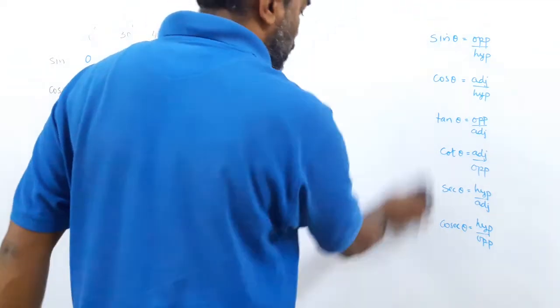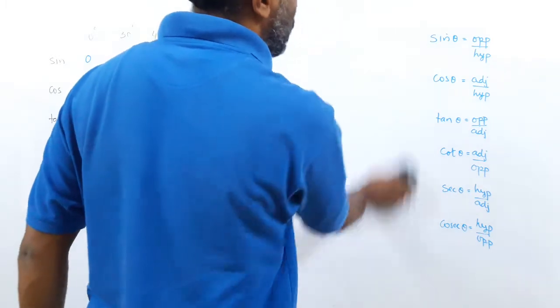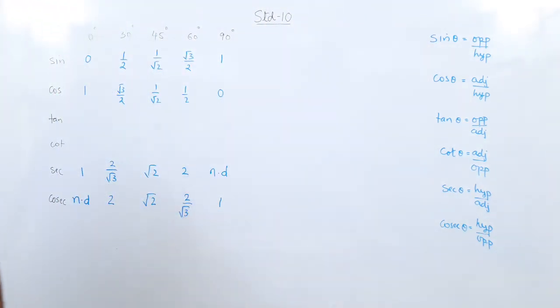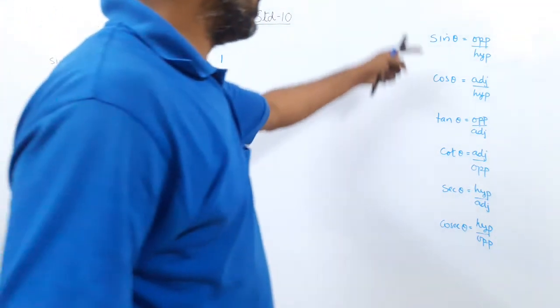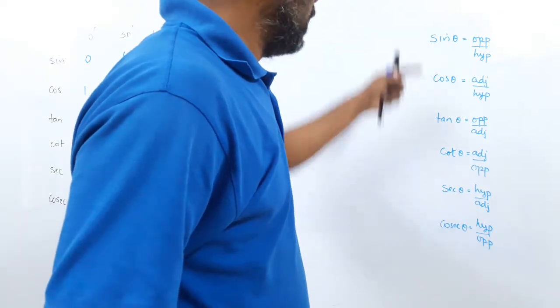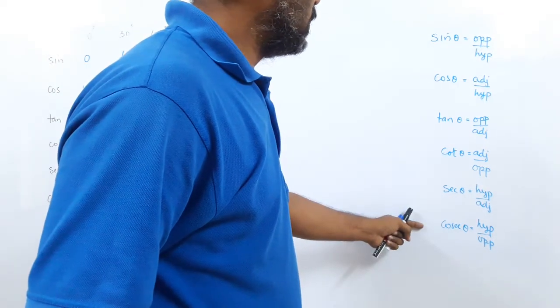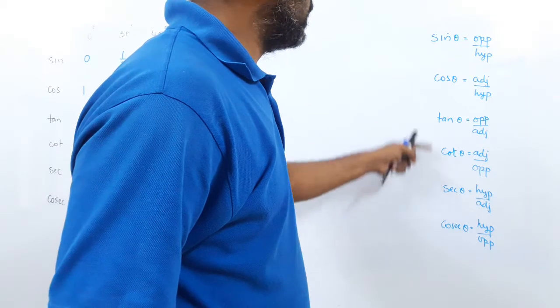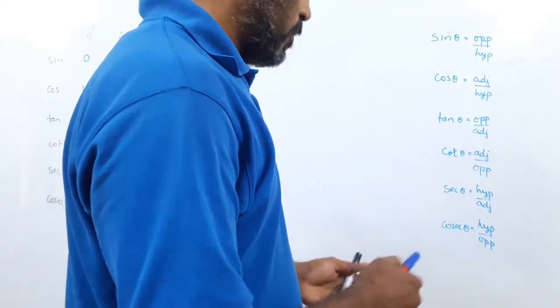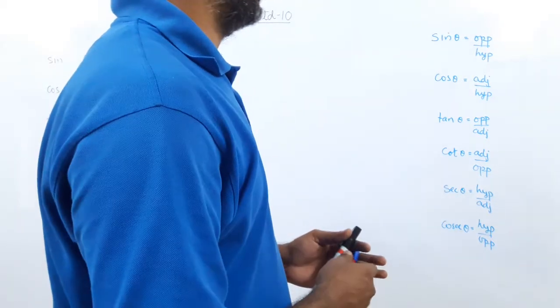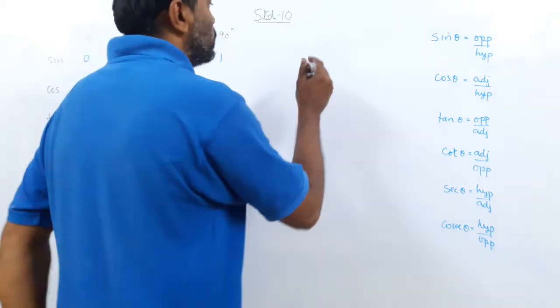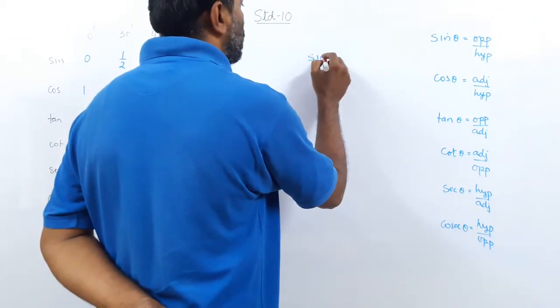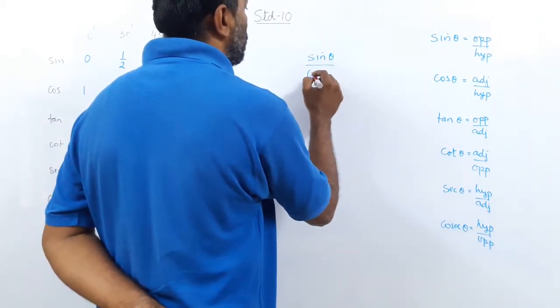So this is the first thing on our list. What is the first thing on our list? The ratios. If you learn the ratios, and now you know sine and cosec are reciprocals, cos and sec are reciprocals, tan and cot are reciprocals. Now I am going to do something different. Say I divide sine theta by cos theta.